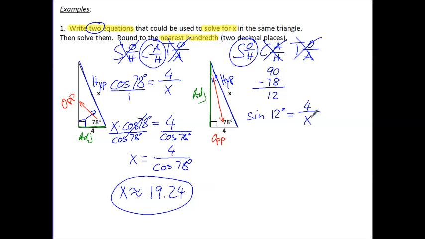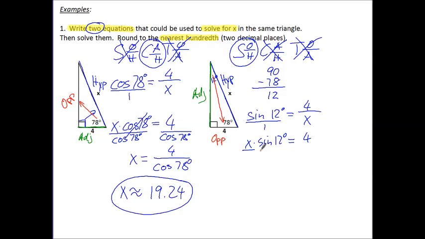Now, we have a different angle and a different function. The 4 over x is still the same thing because those were the only side lengths that we had or needed. And again, we are going to solve it as a proportion. Sine of 12 degrees times x, or x times the sine of 12 degrees, is equal to 4 times 1, or 4.